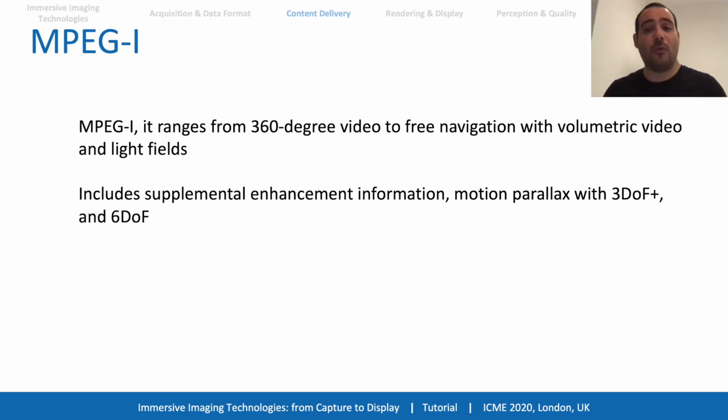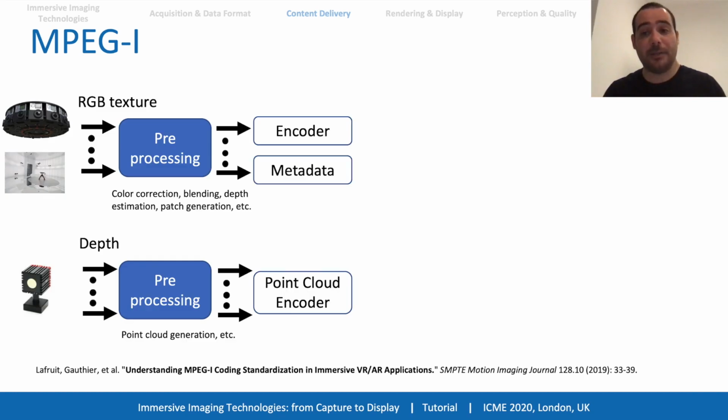The input of the MPEG-I pipeline is a number of cameras and depth sensors. Then there is a pre-processing block which can apply several techniques to generate a suitable representation for encoding.